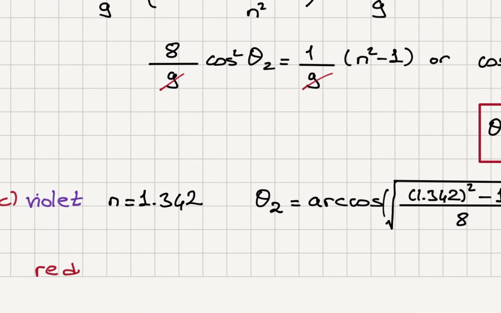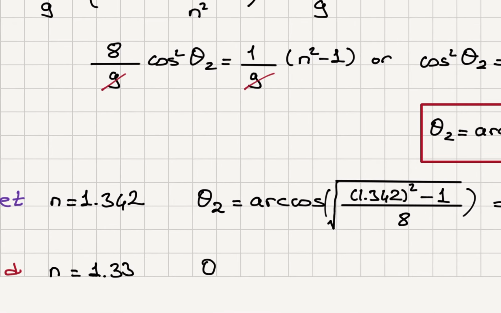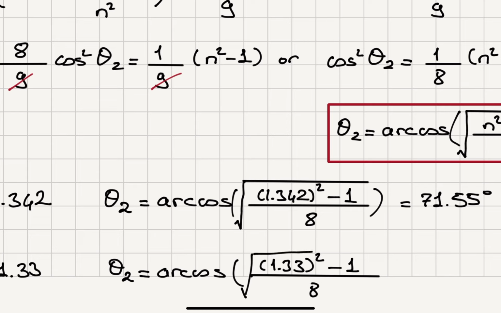And if I do the same exercise for red, for which the index of refraction is 1.33, the corresponding critical angle of incidence is theta 2 equals arc cosine of the square root, with 1.33 squared minus 1 divided by 8 inside the square root.